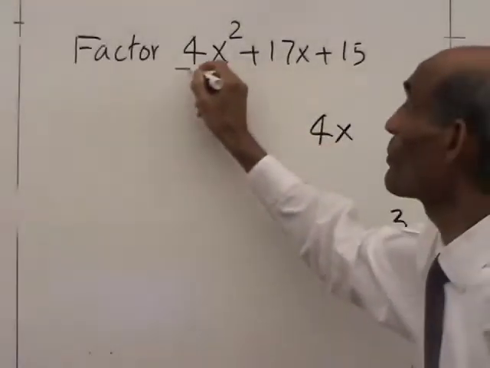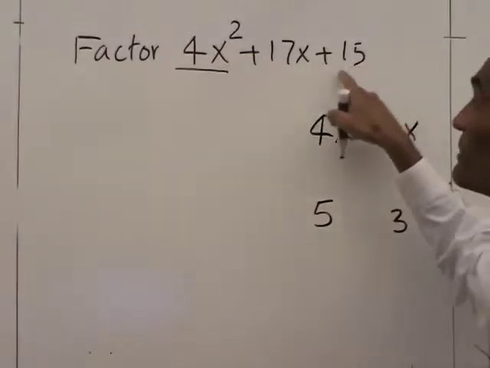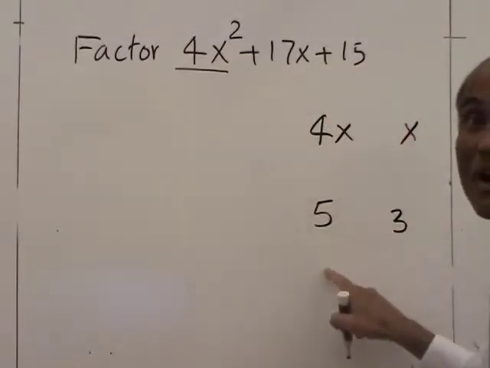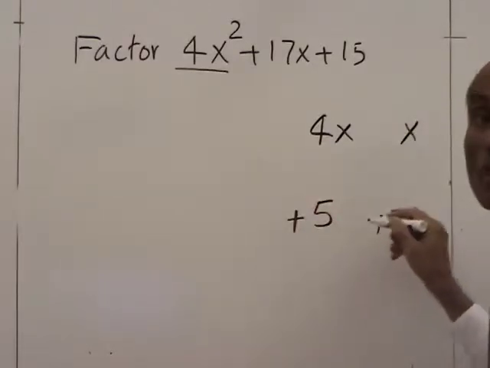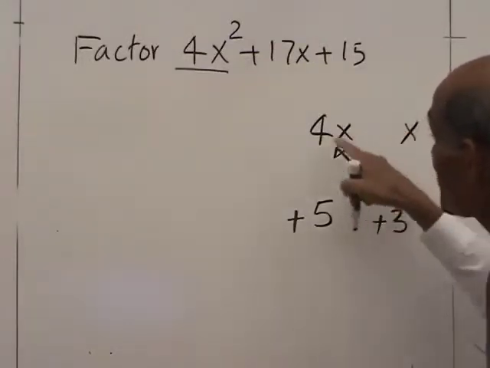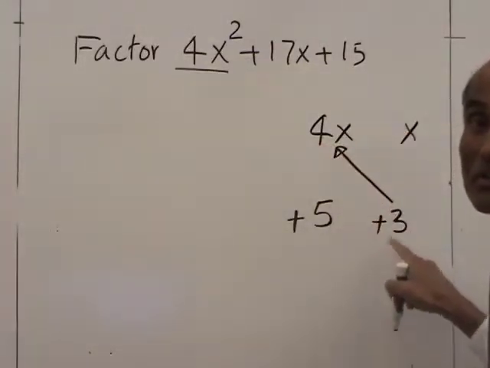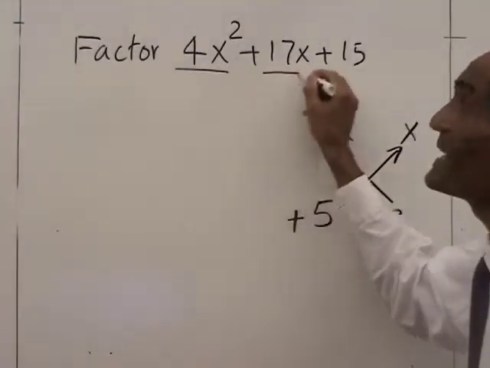So 4x squared we factored as 4x times x, and 15 we factored as 5 times 3. Positive 5 times positive 3. And multiply diagonally. 3 times 4x is 12x. Added to 5x, you get 17x.